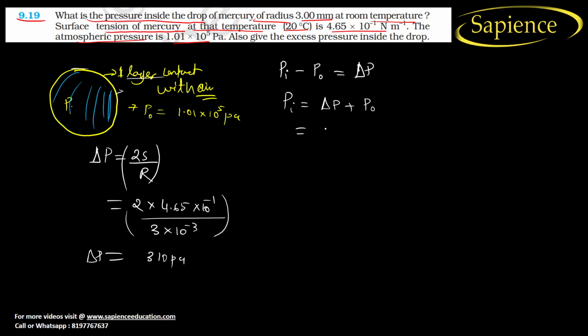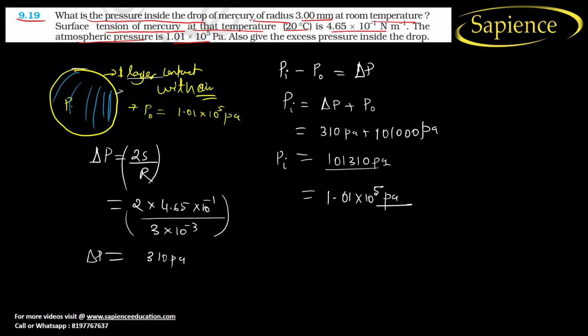The excess pressure we got is 310 Pascal, plus atmospheric pressure of 101,000 Pascal. When we add this, we get 101,310 Pascal as the inside pressure. But looking at significant figures, only 3 significant figures are required, so we can write 1.01 into 10 to the power 5 Pascal. I hope you have understood.